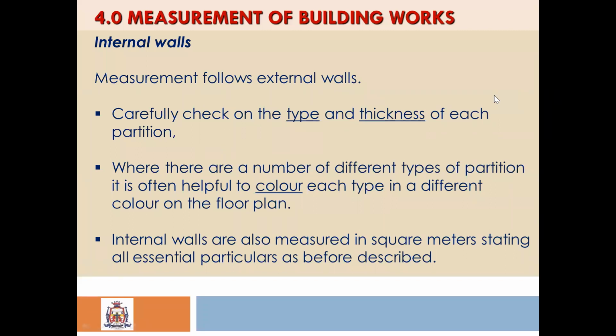So where there are a number of different types of partition, it is often helpful to color each type in a different color on the plan. Internal walls are also measured in square meters, stating all essential particulars as we described before. You measure them in square meters too, and then you mention the particulars.